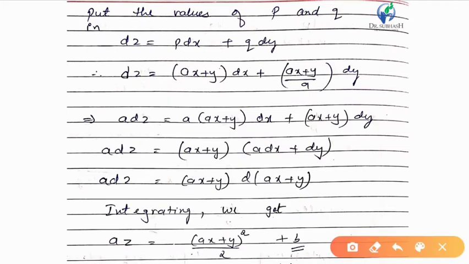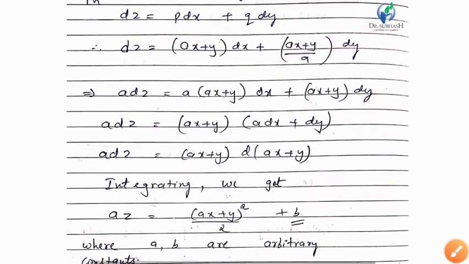So here we can see I have written a dz equal to (ax plus y) dx plus (ax plus y) dy. I am taking ax plus y common, and the rest of the terms are a dx plus dy. By the method of inspection, I can write this as d of (ax plus y).